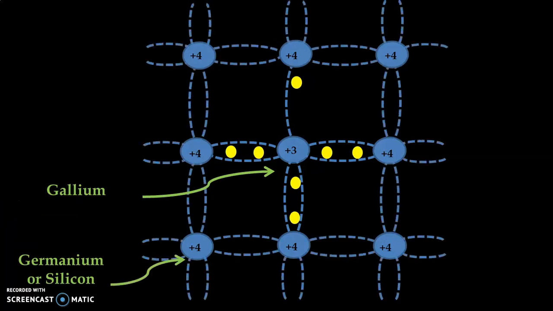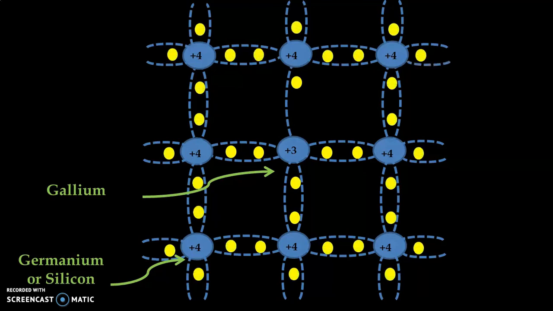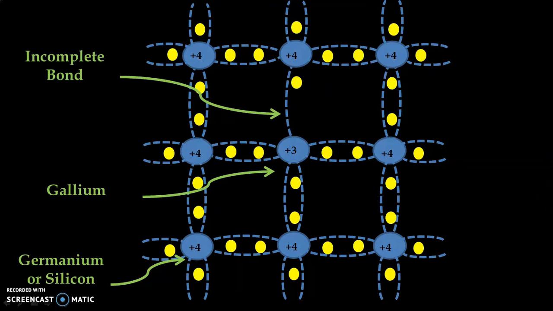All other silicon atoms have 4 valence electrons, and as usual they are making covalent bond with neighboring silicon or germanium atoms. But 1 valence electron of silicon remains without covalent bond. This deficiency of 1 valence electron is because of gallium, because it has only 3 valence electrons in its outermost orbit.